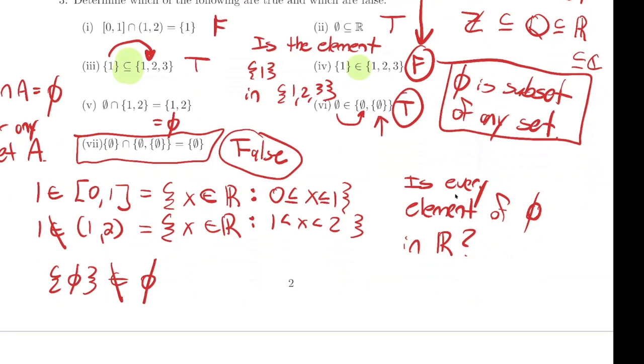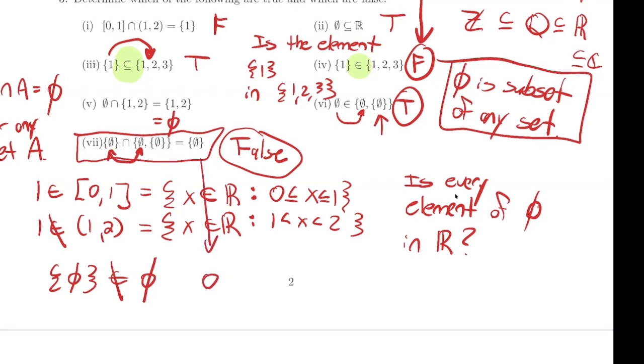We should just get the empty set out of this. If I look at the intersection of the set that contains the empty set and the set that contains the empty set and the set of the empty set, this is the only thing that sits in both of those sets. So in this case, the intersection would just be the empty set and not the set containing the empty set.